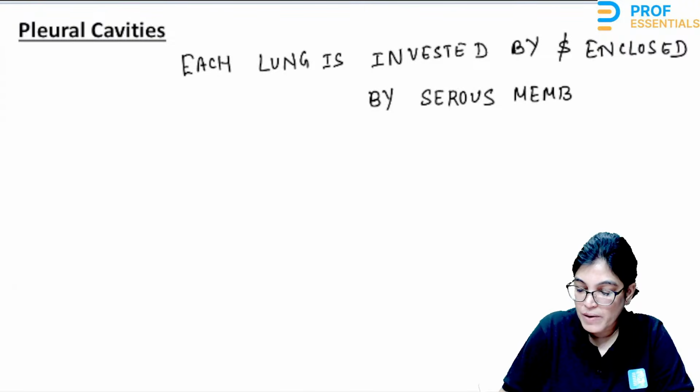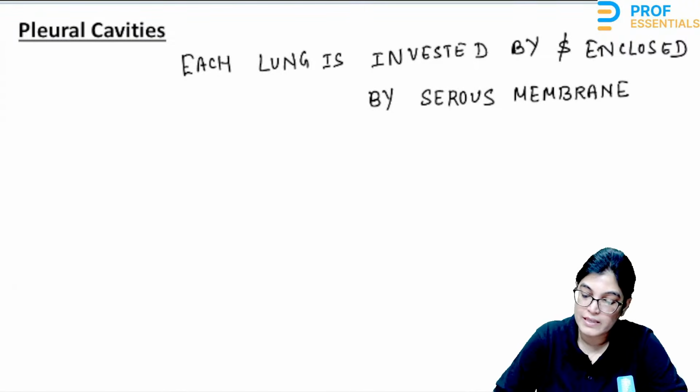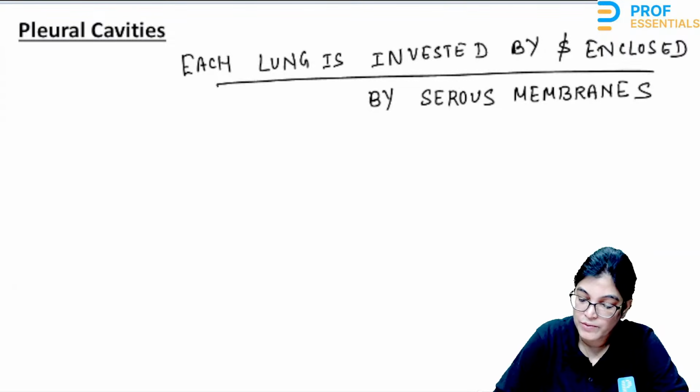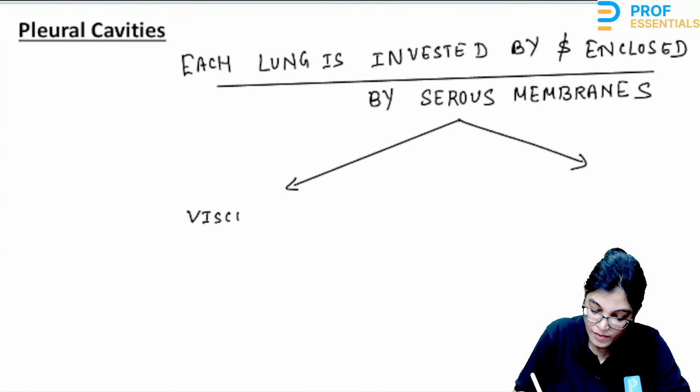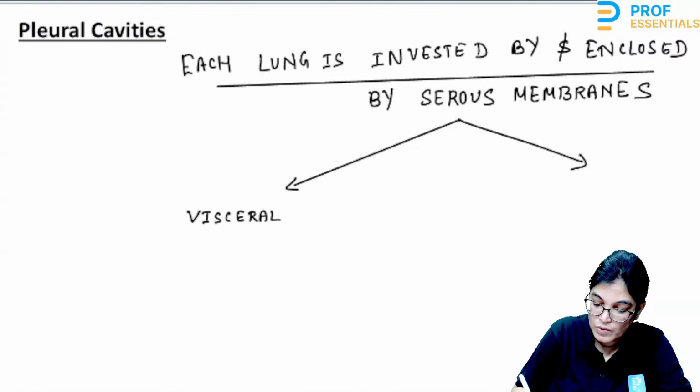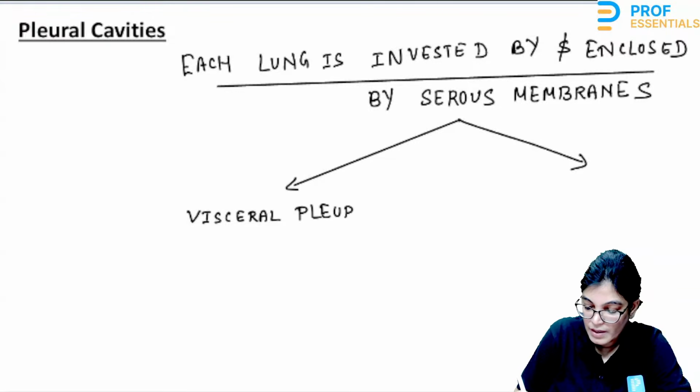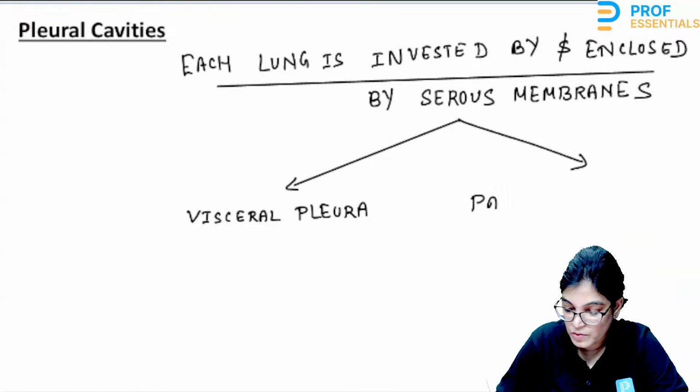This serous membrane, which is enclosing the lung, is made of two layers. This is an important point for you to know. And what are these two layers? One is the visceral pleura and the other is the parietal pleura.